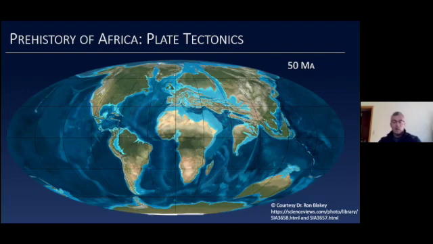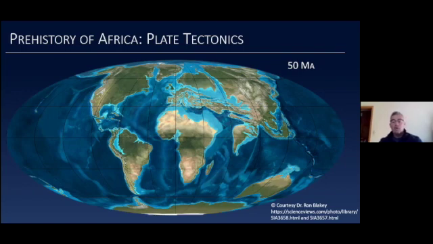Gondwanaland is broken up and Africa is kind of floating off on its own. It's isolated from the rest of the continents for about 150 million years. In those 150 million years, Africa evolves its own unique animal and plant communities, completely different from those that we see in other parts of the world.